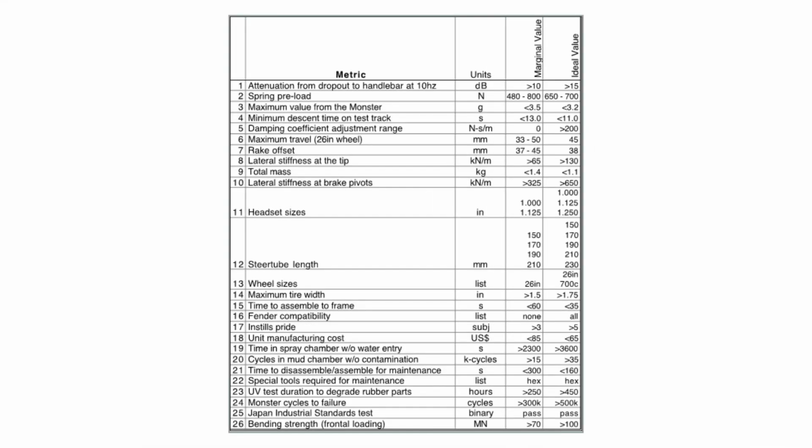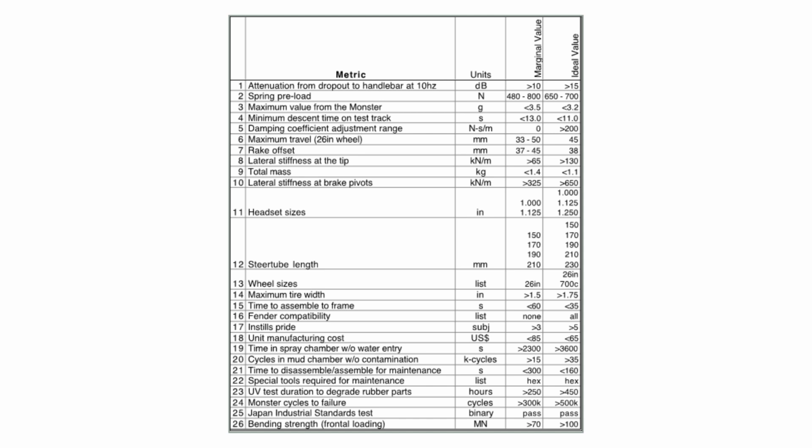Next one. These are the marginal and ideal values. We call them target specifications or target metrics for your product, for our new product.